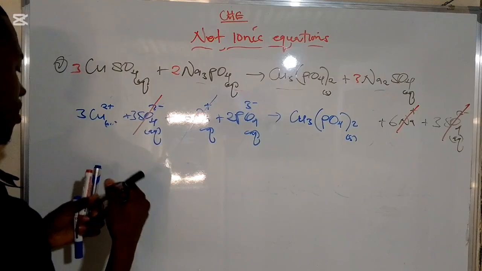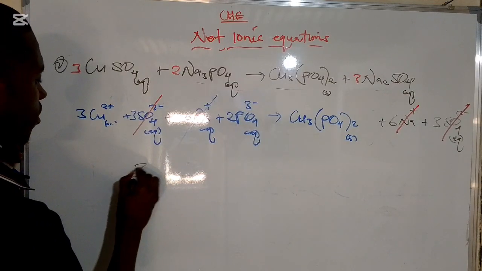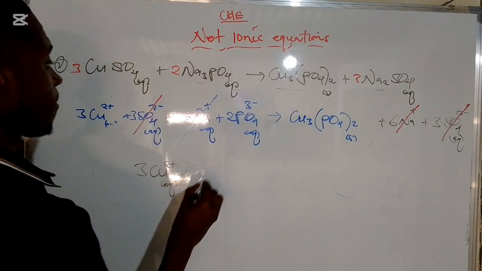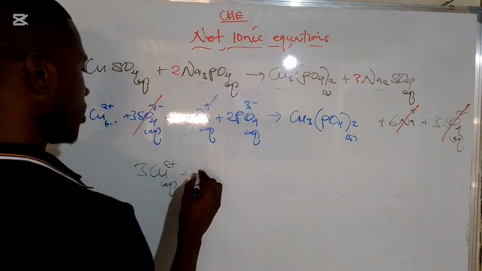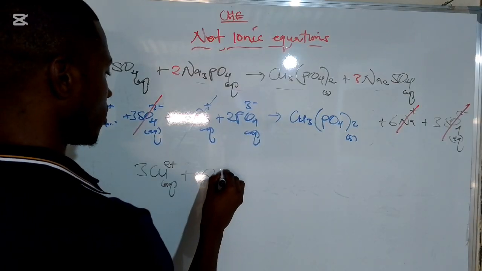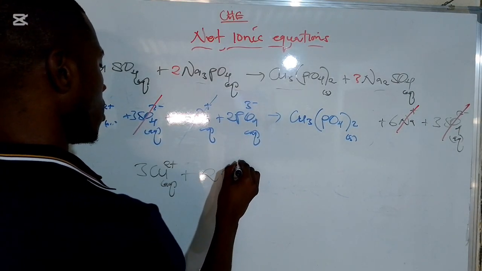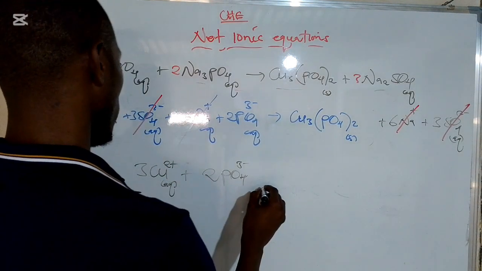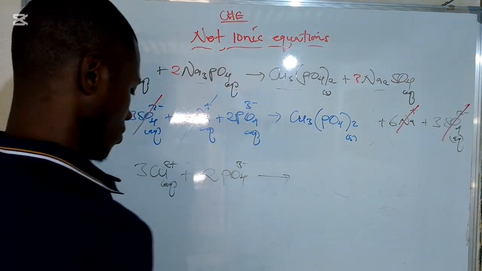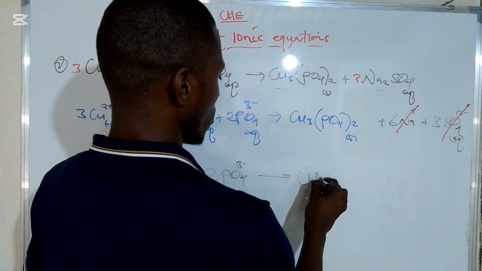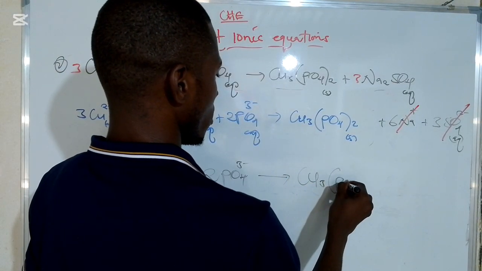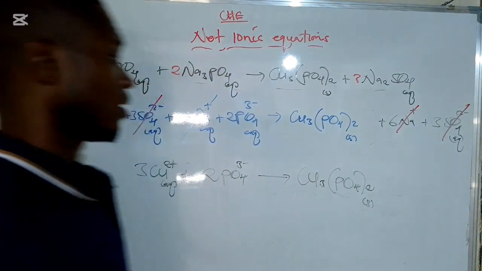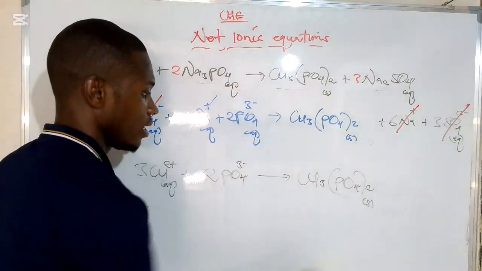So here I've remained with 3 copper 2 plus sulfate, aqueous, and plus 2 phosphate 3 minus, then we will form copper 3 PO4 2, solid. So that is my entire answer.